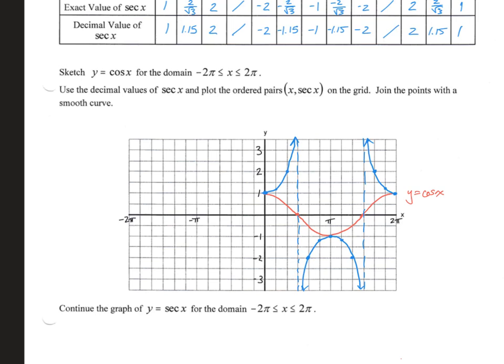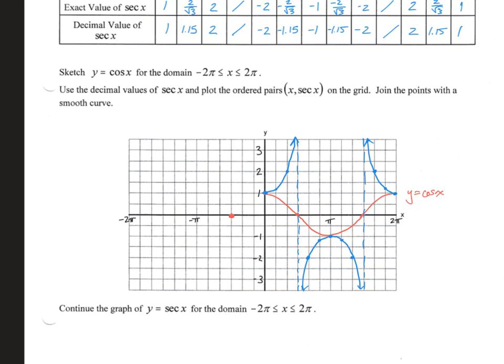Okay, now let's go through and complete the bottom. So we're going to continue that sketch of secant, but back to negative 2 pi. And we're going to use everything that we used in our background. So let's focus in on our cos graph. We know that if we continued back, our cos graph would have a 0 at negative pi by 2.